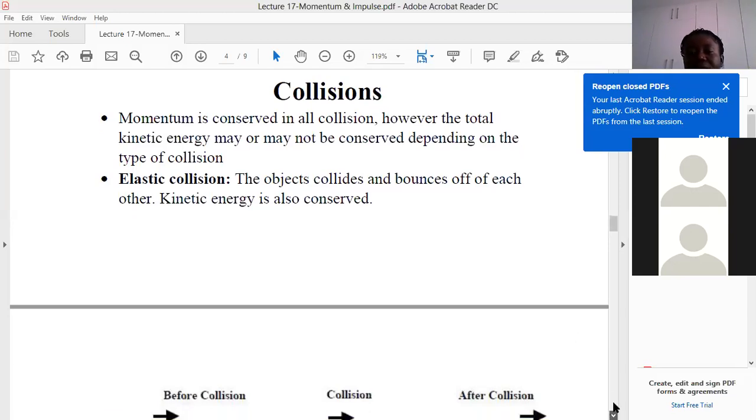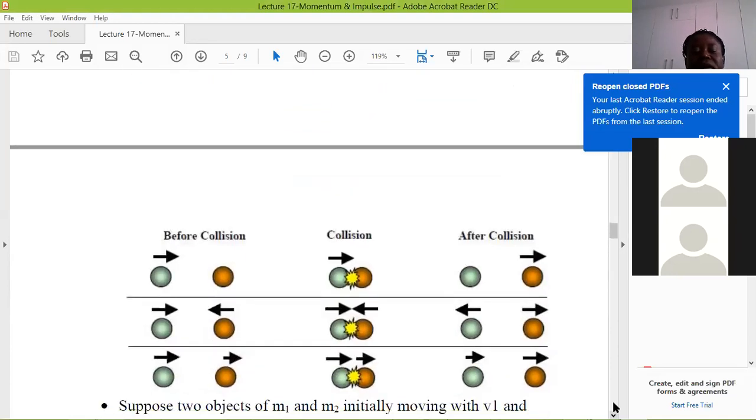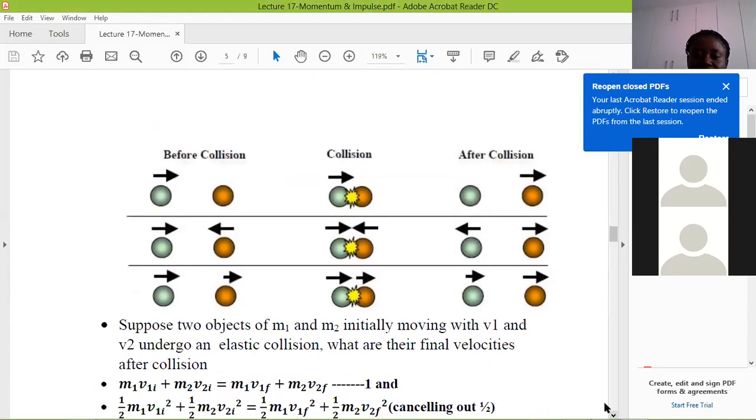Before we go on, here we have the types. When I was saying they bounce off from one another, you can see from this first point, you have a moving object bumping into a rest object.